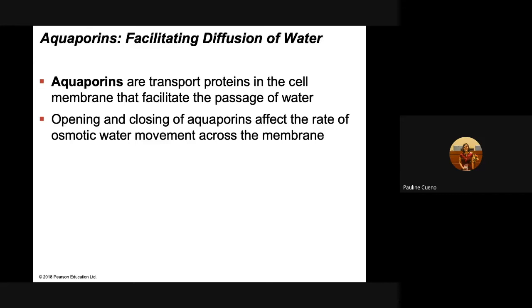Although water molecules can pass through the membrane easily, when the plant requires bulk transport, a huge amount of water, it needs the aquaporin structure to transport water rapidly. Opening and closing of aquaporins affect the rate of osmotic water movement across the membrane.